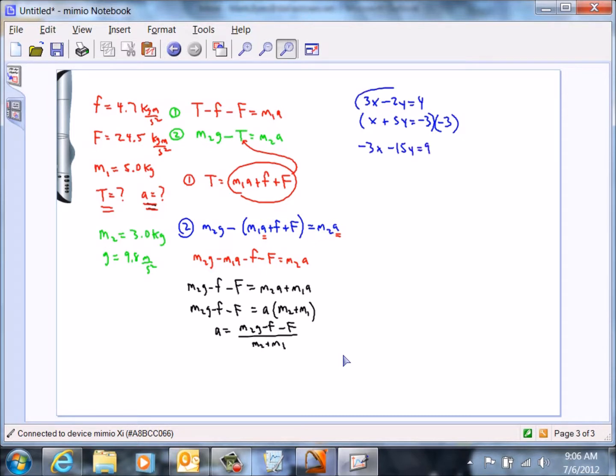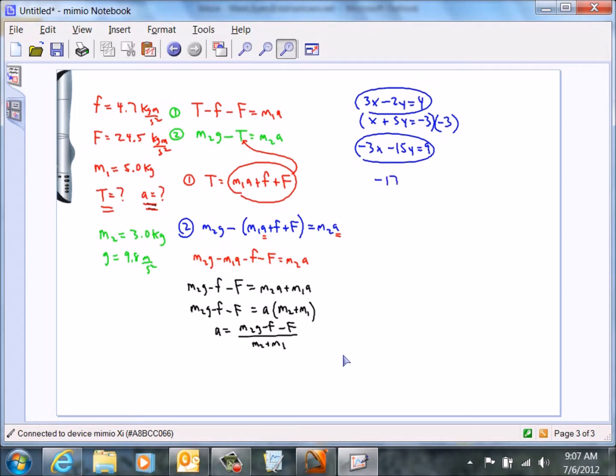And now if I add the first equation to that equation, the x's are going to cancel, because I have positive 3x and minus 3x. Then if I add the y's, I get minus 17y is equal to 4 plus 9, which is 13. Then divide both sides by negative 17, and I have my answer. So that's the other way you can solve these things: try to add the two equations together and hope that something cancels out.